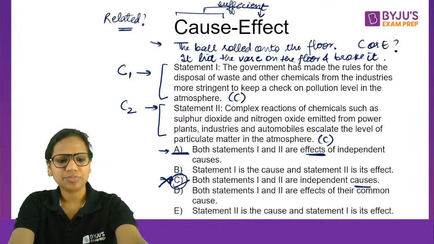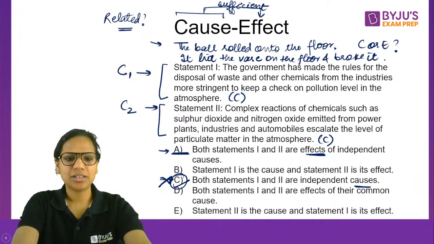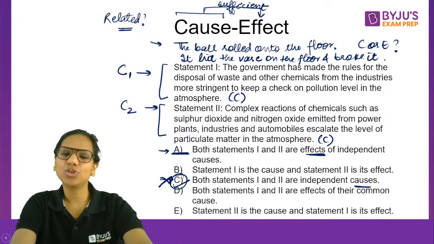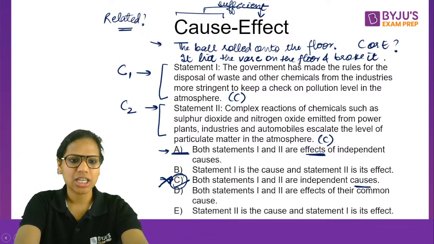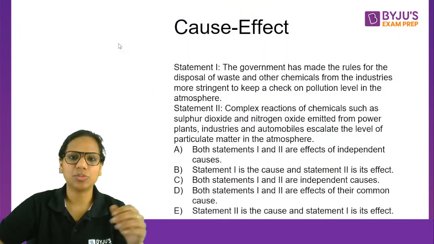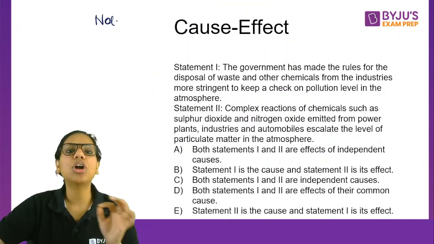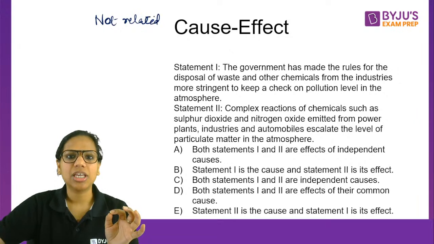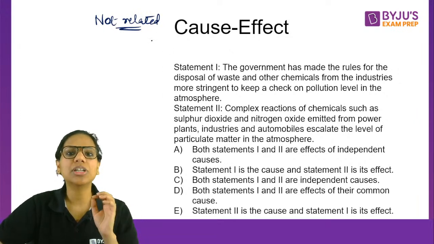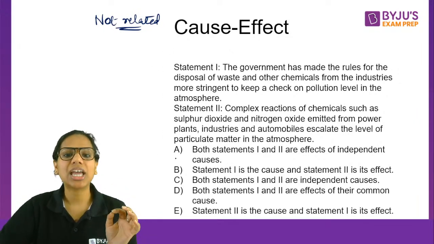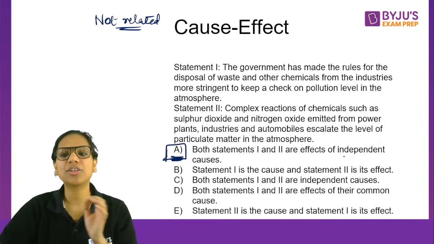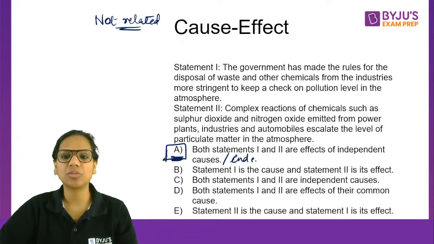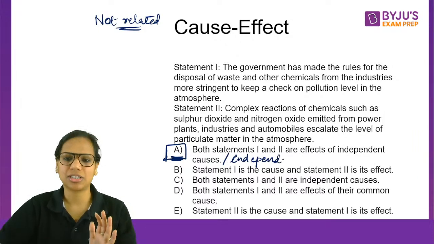So Sonali, see, you will usually be given two statements. This is the standard format of this question, right? When you are given two statements but you realize that they are not related to each other, then I was telling you that this is always going to be your answer: both statements 1 and 2 are effects of independent causes, or sometimes the examiner writes both statements 1 and 2 are independent effects.